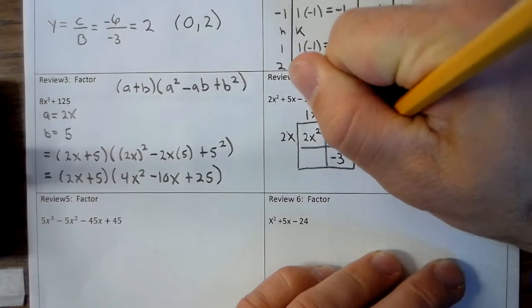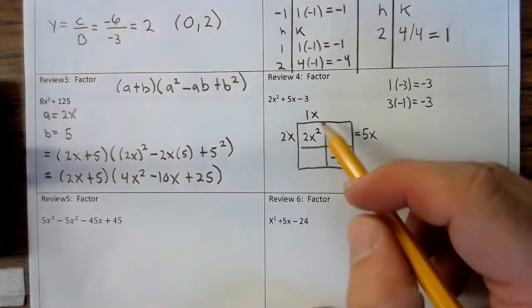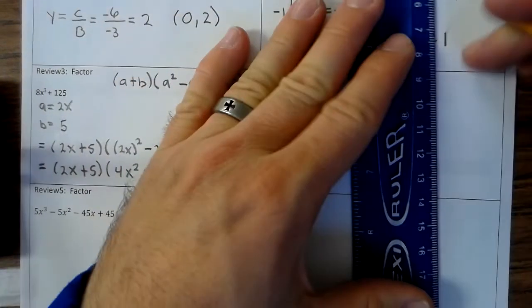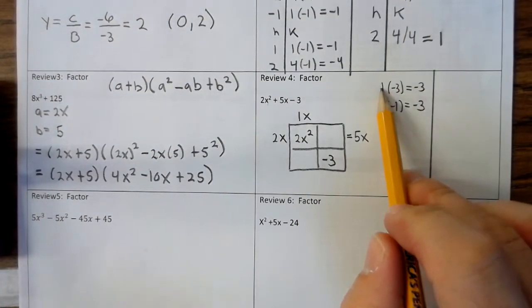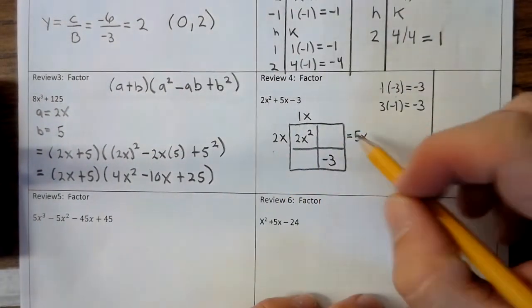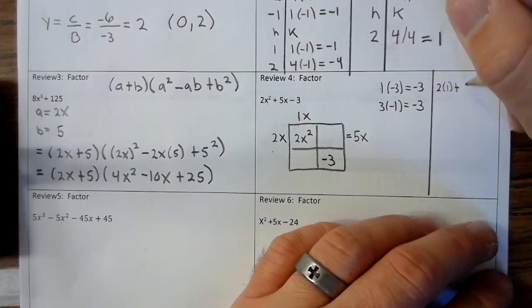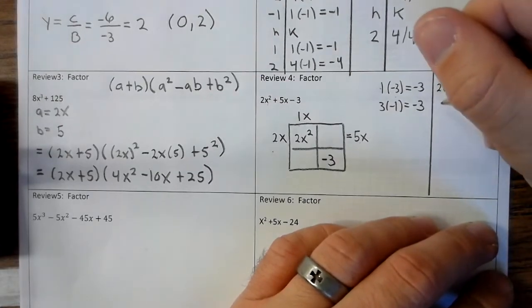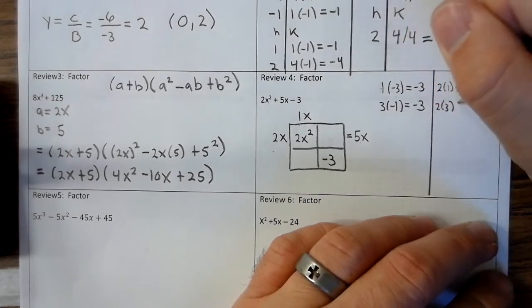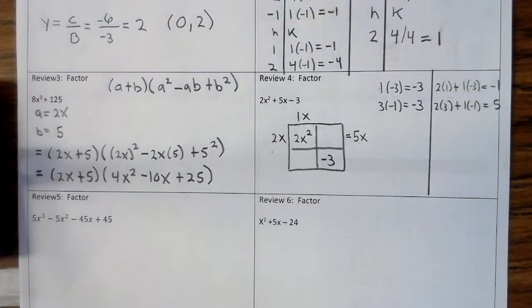Now our middle term is 5x. Because of the 2 and 1, we have to actually multiply the first number by 1 or 2 and the second number by 1 to find 5. So that's 2 times 1 plus 1 times -3, which is -1. And then we do 2 times 3 plus 1 times -1, which is 5.